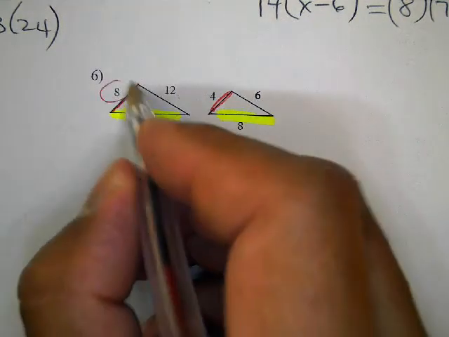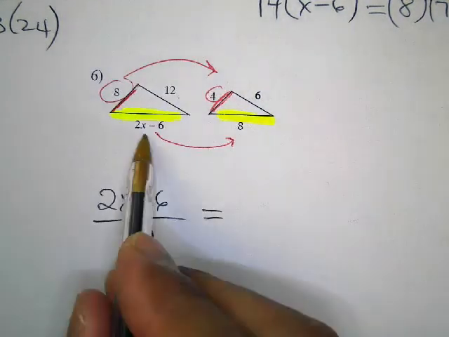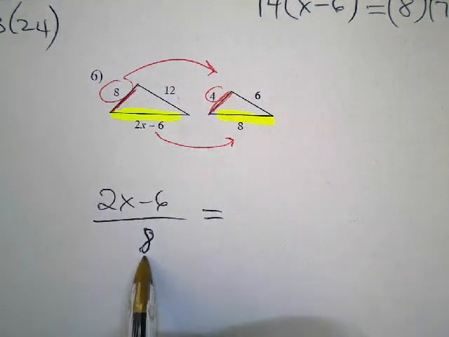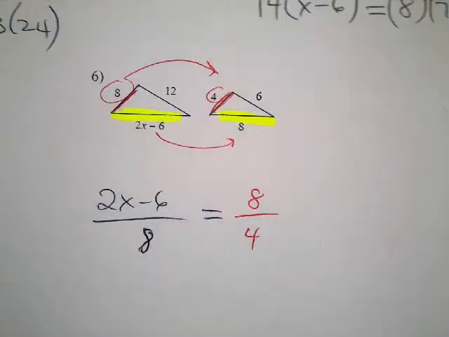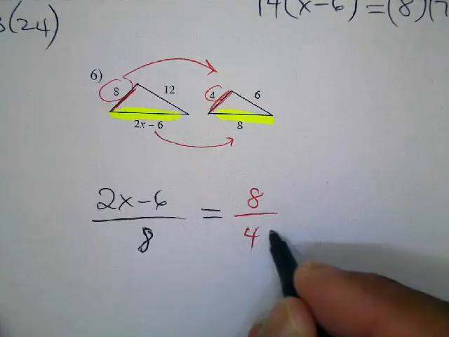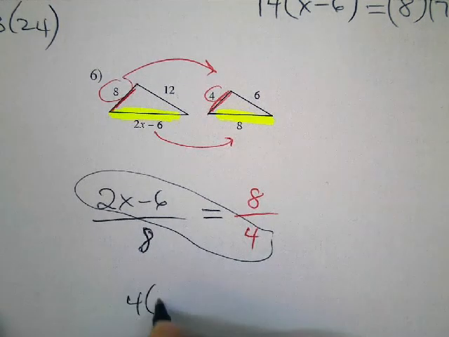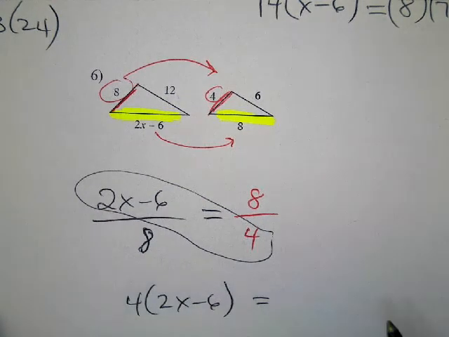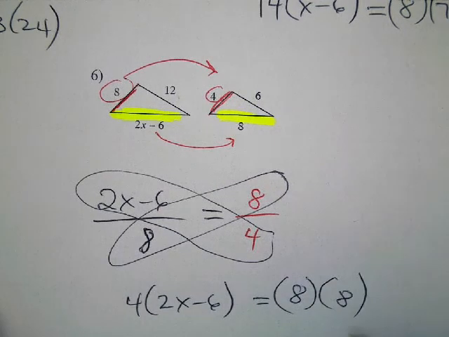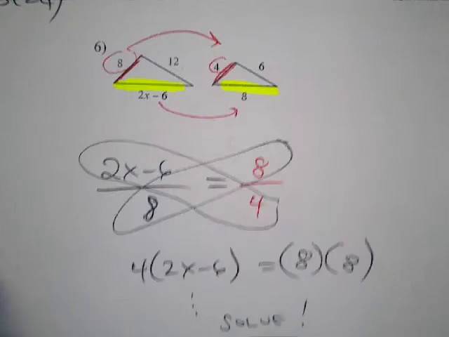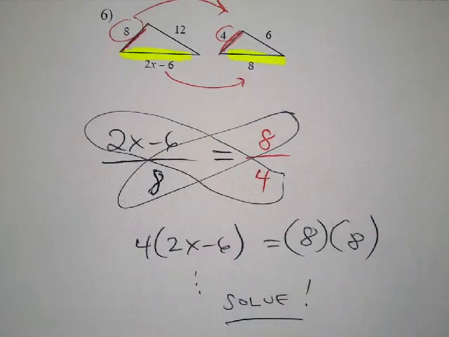Doesn't matter which one. I'm going to go with the smaller one. 8 and 4 are smaller than 12 and 6, so 2x minus 6, I went this way over 8, so I got to go 8 over 4. Cross multiply. And then you solve.